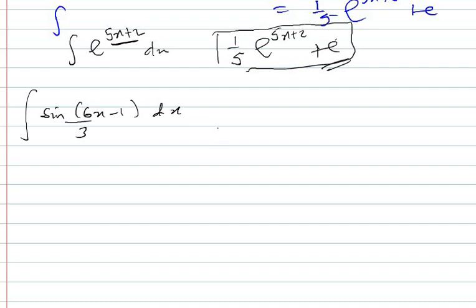So from the beginning we can factor out 1 over 3. You can see 1 over 3 integral of sine of 6x minus 1 then dx.